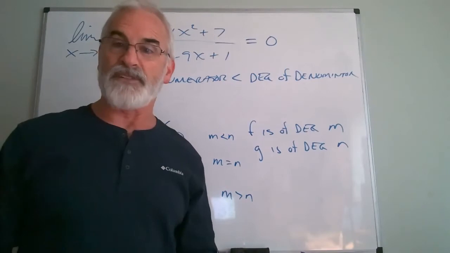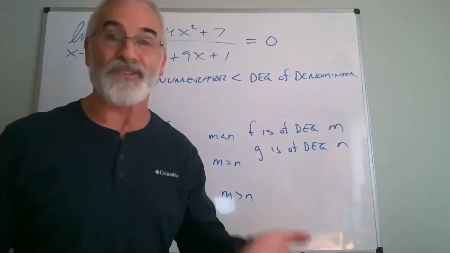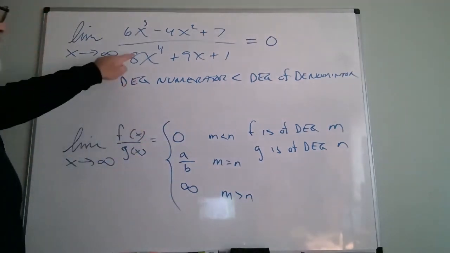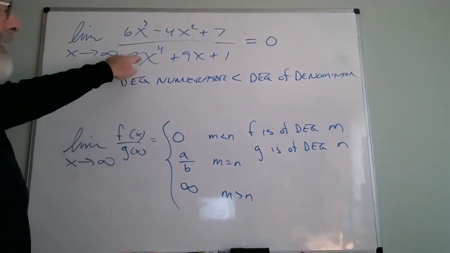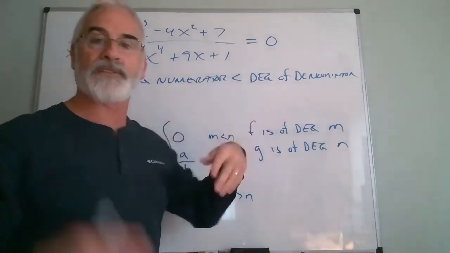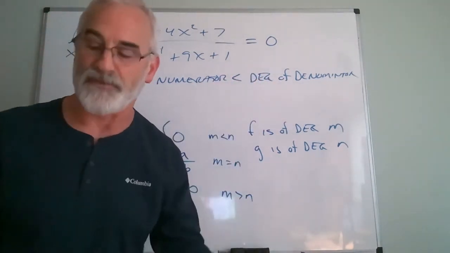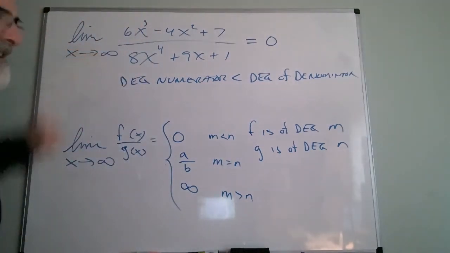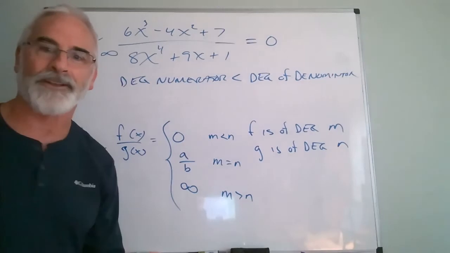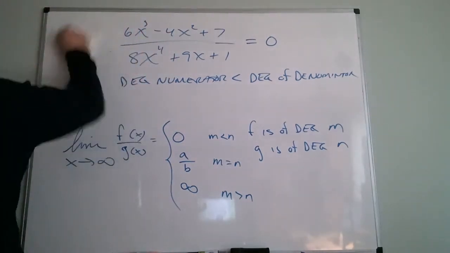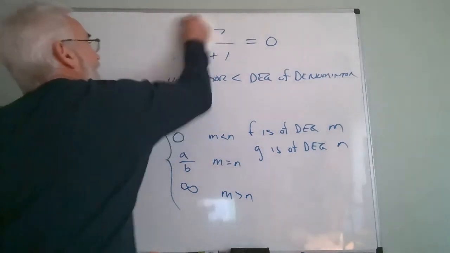But the lazy mathematician would say, I'm going to get this result eventually because of the degree difference. The degree of the bottom is bigger, therefore my limit is 0, and this is my reason. I need to include that, otherwise, I haven't justified why that's the answer. This is it. And you should like this because it's not very much work. It's pretty nice. Now, Nathan asked the question, what if I have something else?